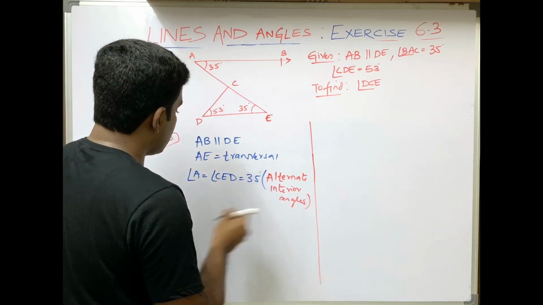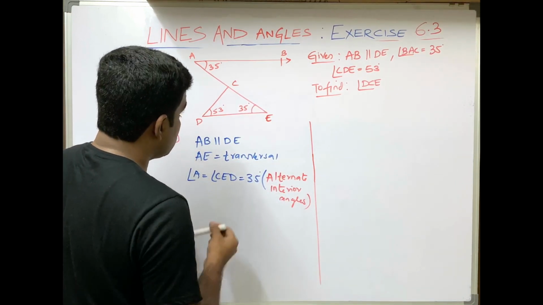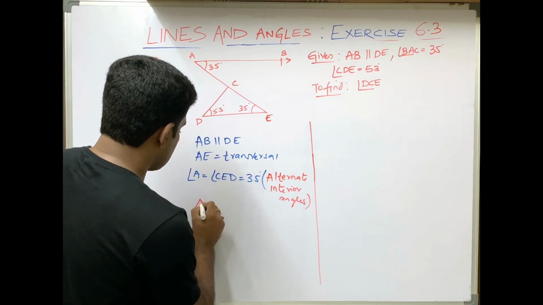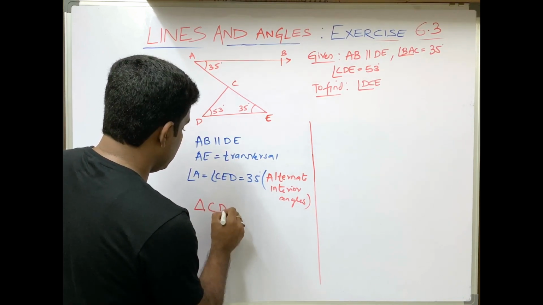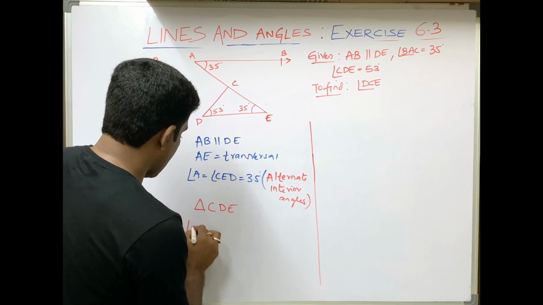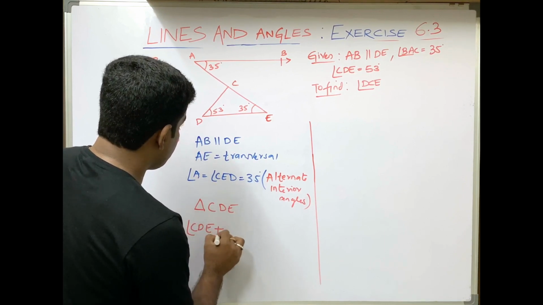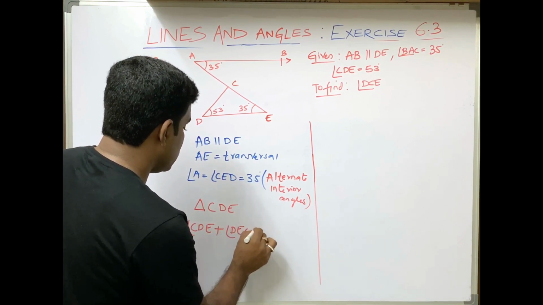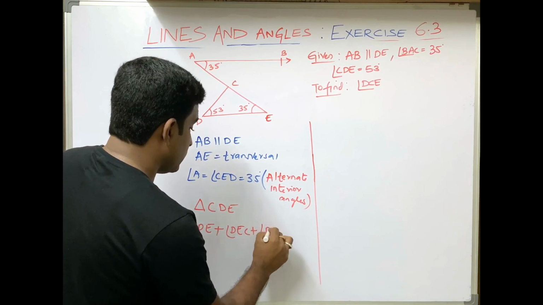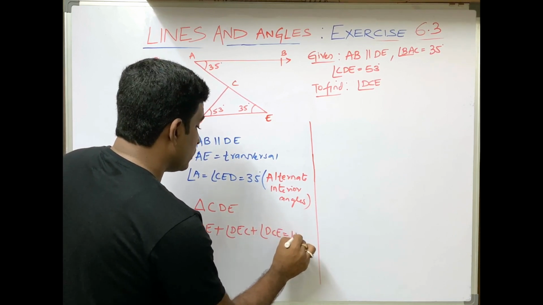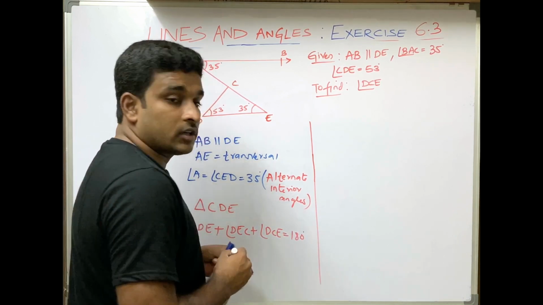Now coming to the triangle, let us consider triangle CDE. Then angle CDE plus angle DEC plus angle DCE equal to 180 degrees. What can be the reason?